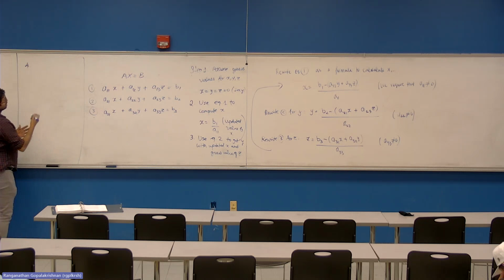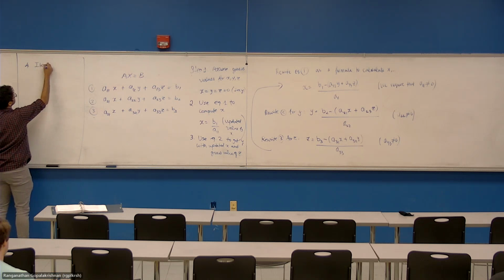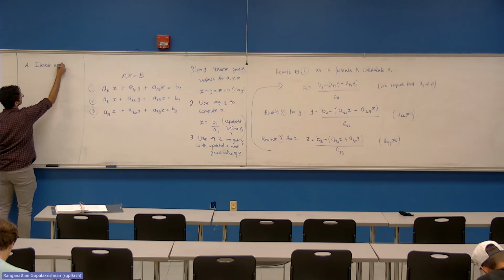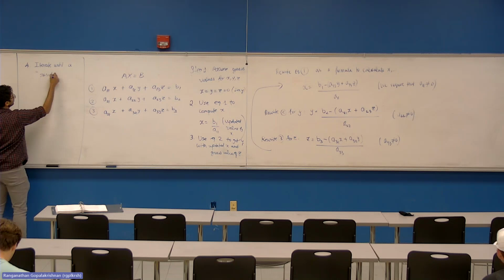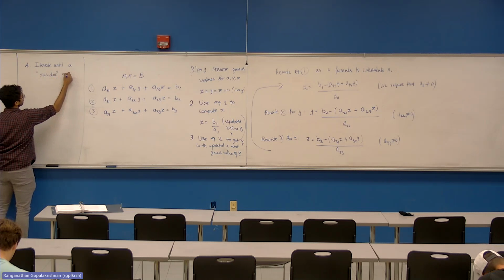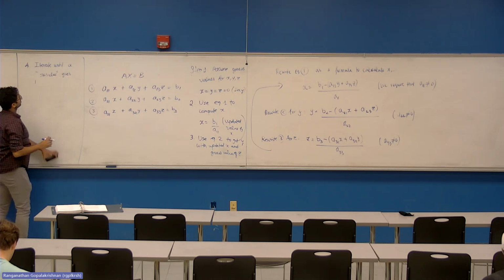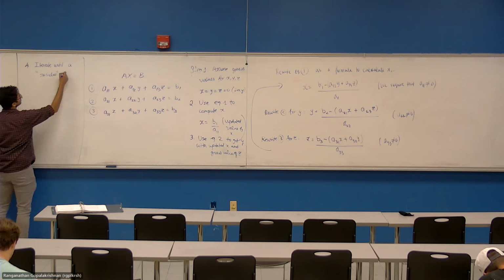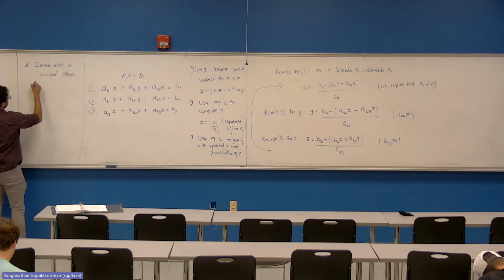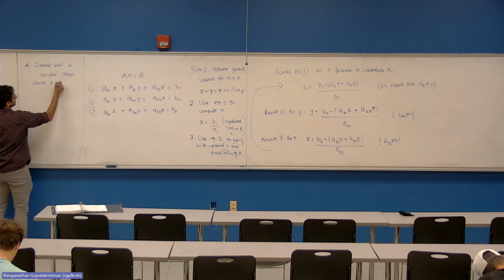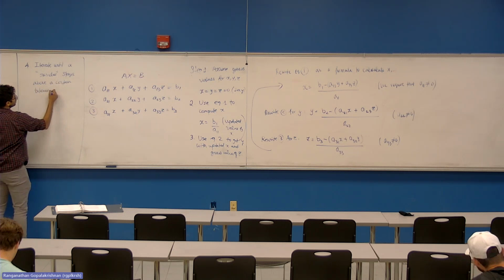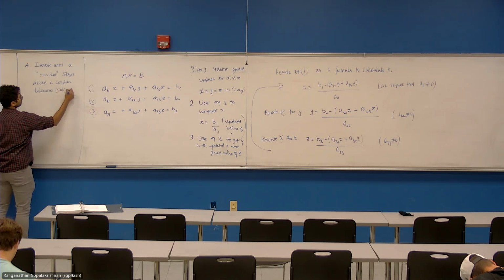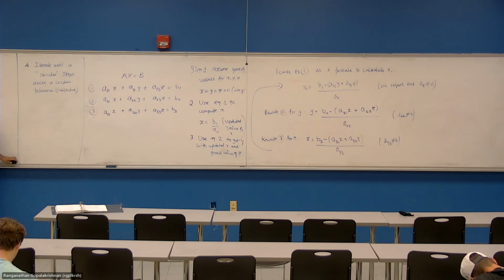Step 4, iterate until a residue, which I'm putting within quotes, goes or stays above a certain tolerance, which is usually subjective. Which is usually depending on the context.